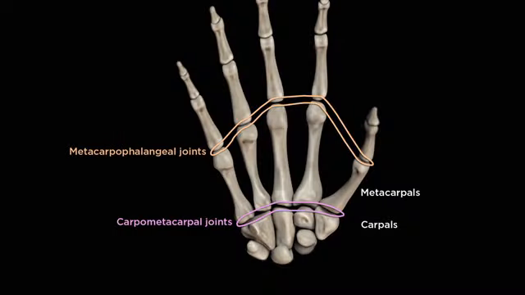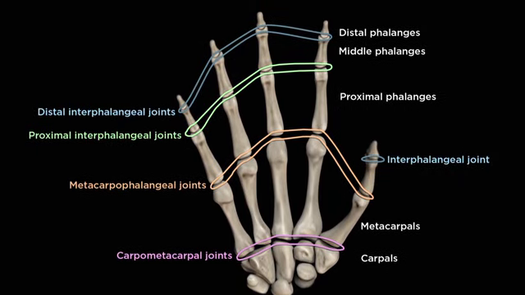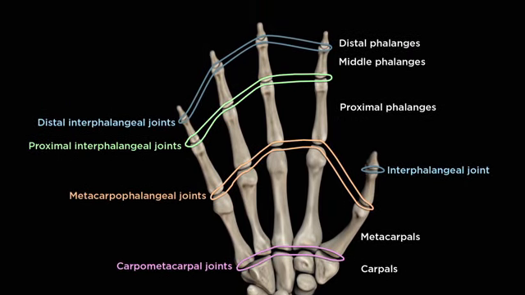It also allows some abduction and adduction of the fingers. But once within a finger or the thumb, our interphalangeal joints are hinge joints with collateral ligaments that only allow flexion and extension.